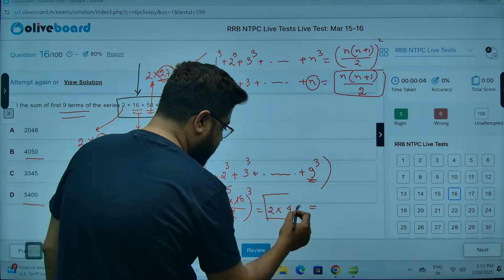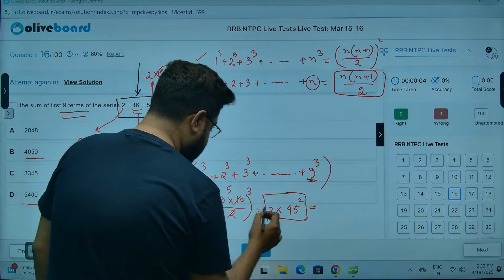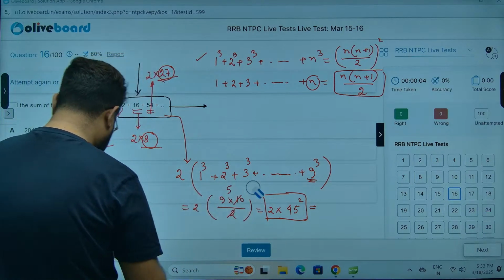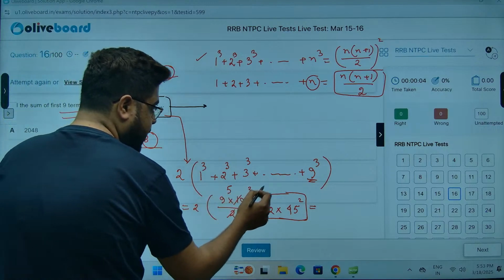Extremely sorry. This is square. Okay. Extremely sorry. The cube is over here.